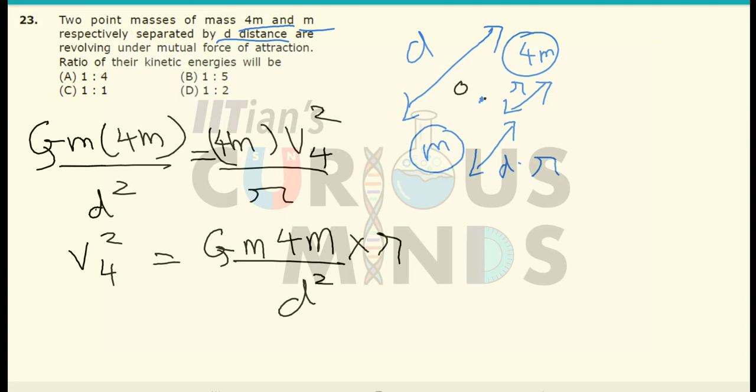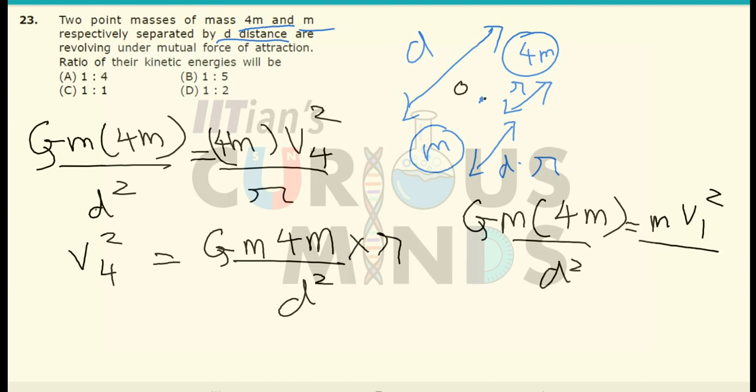Similarly, if I calculate the value of v1, that is mass m, it will have the same formula. The gravitational force over here is equal to G m 4m divided by d square, which is equal to m into v1 square divided by d minus r.